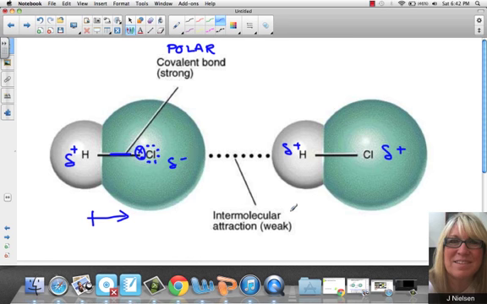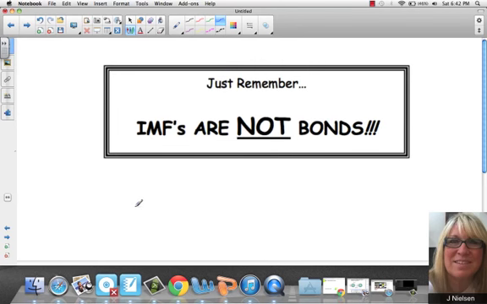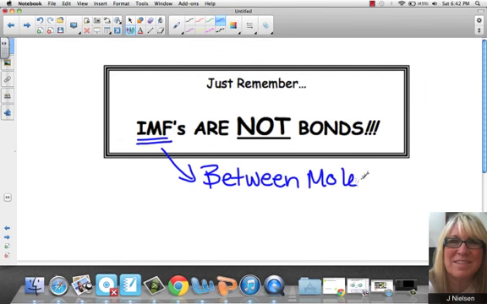And this is the intermolecular force that we are talking about. Please remember, again, IMFs are not bonds. They are between molecules, just as we just saw with the 2 HCl's.